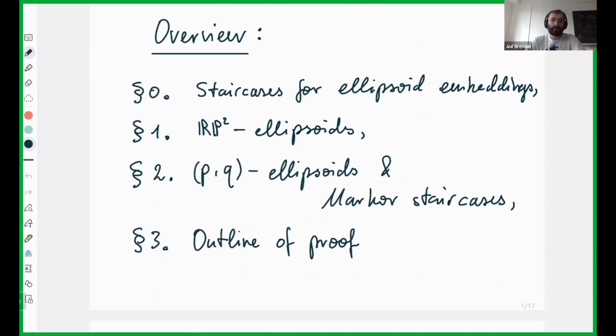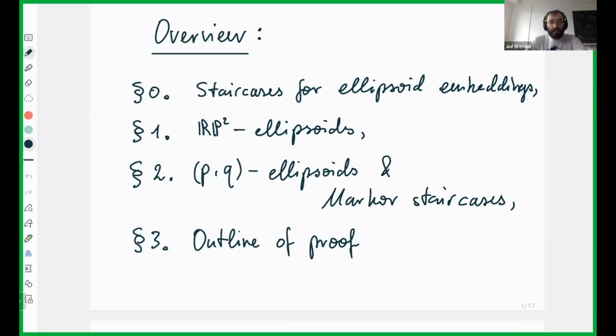So I'd like to start by reminding us all what staircases are in the classical case of ellipsoid embeddings. So what the known results are, and then move on to embeddings for different domains. So the results that we have are for domains that are not classical ellipsoids, but for example, this is the first paragraph, neighborhoods of the zero section inside of the cotangent bundle of RP2.